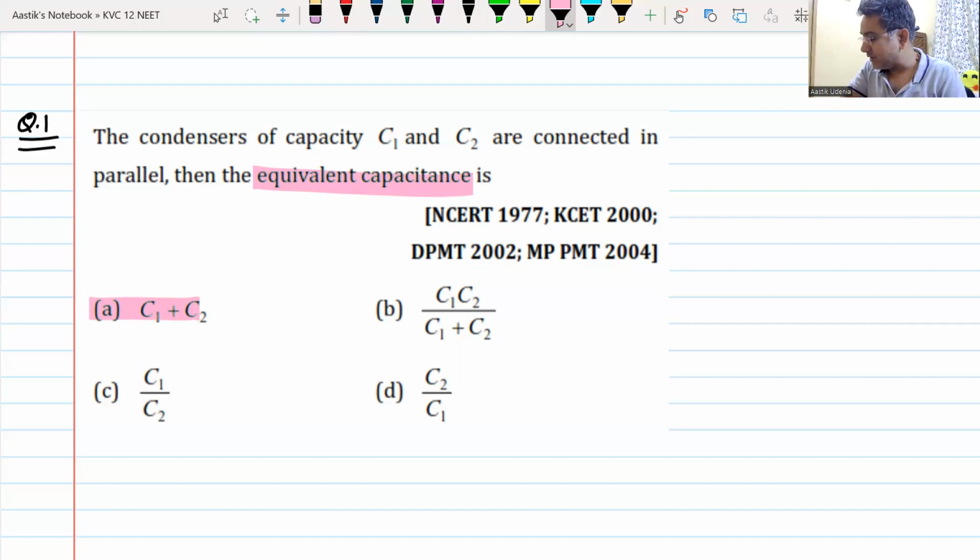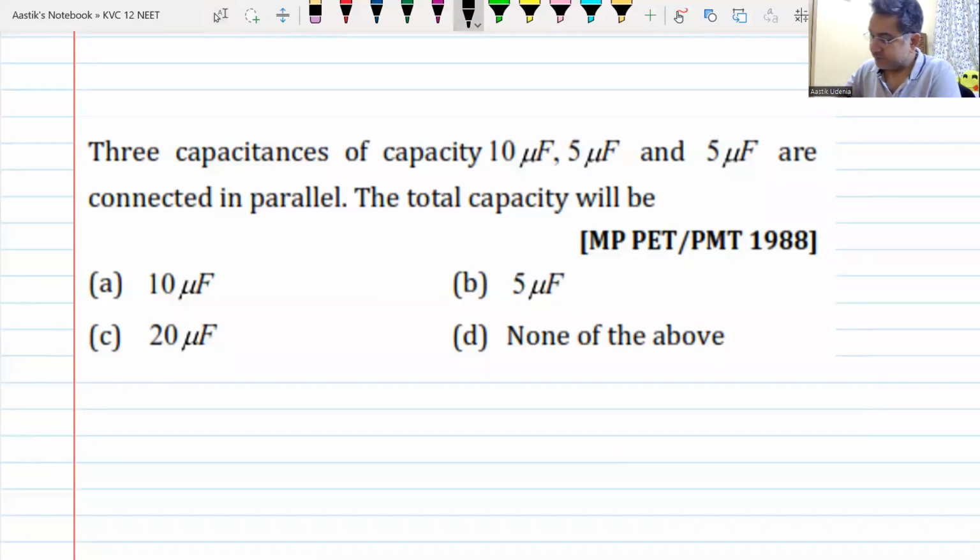Then comes this one, my dear friends. Question number 2 coming for you. Three capacitors of capacity 10, 5 and 5 are connected in parallel. What is the total capacitance?